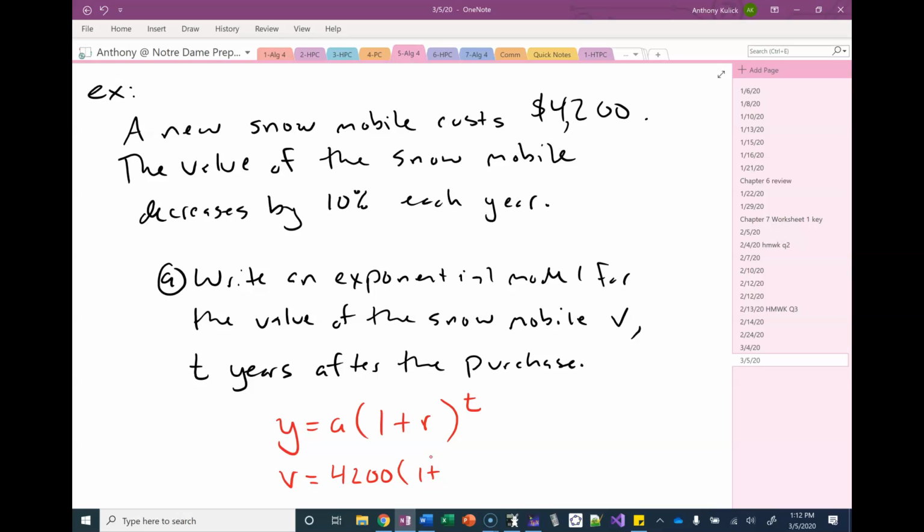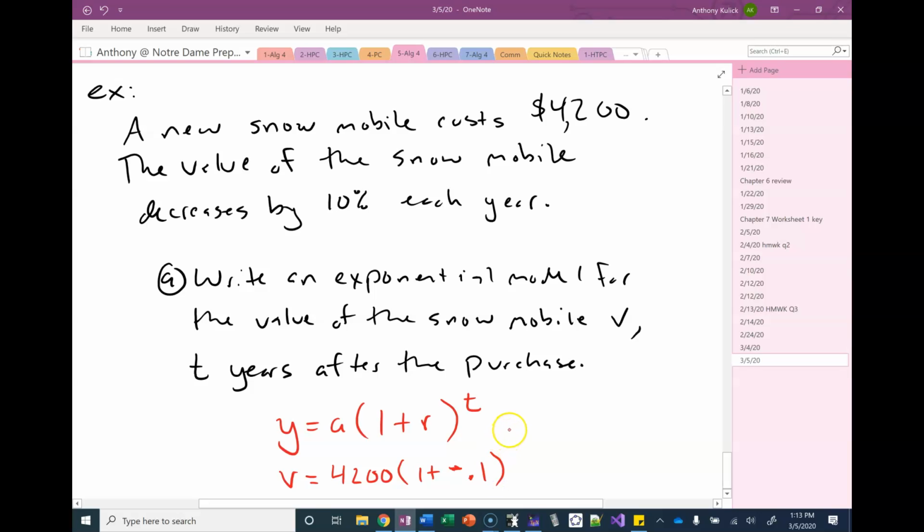Close. It's not 0.1. Read the problem again a little more closely. Specifically, the few words in front of 10%. Negative 0.1. Why is it negative this time? Because it's decreasing. Very good.